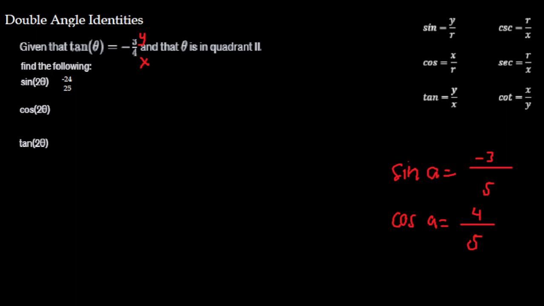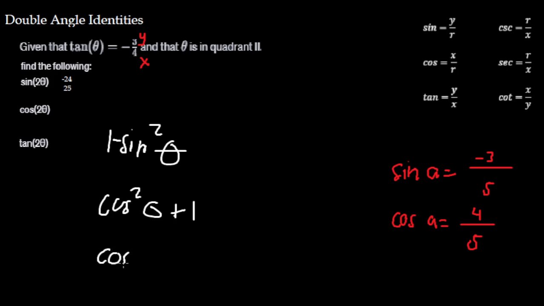Now, let us solve for the cosine identity for this problem. Since meron tayong tatlong variations for the formula of cosine, we can use any of them and it will give the same answer. But alin ba yung mas fitting? Yung may 1 minus sine squared of theta, yung may cosine squared of theta plus 1, or yung ating cosine squared of theta minus sine squared of theta.